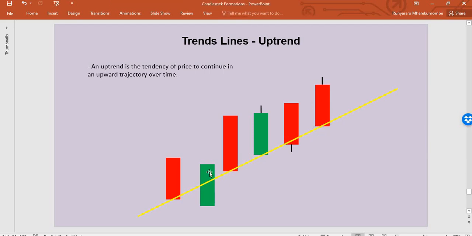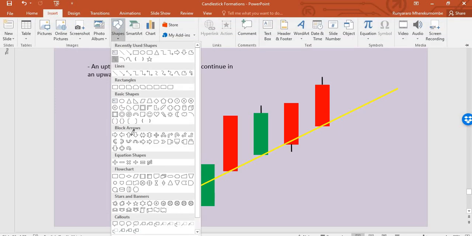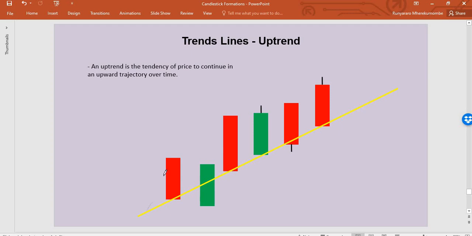Now I'm expecting that as price moves, it's going to move within the direction of that line. So I should see price move in this way. Then it bounces off that line and goes up, bounces off again, and bounces off.